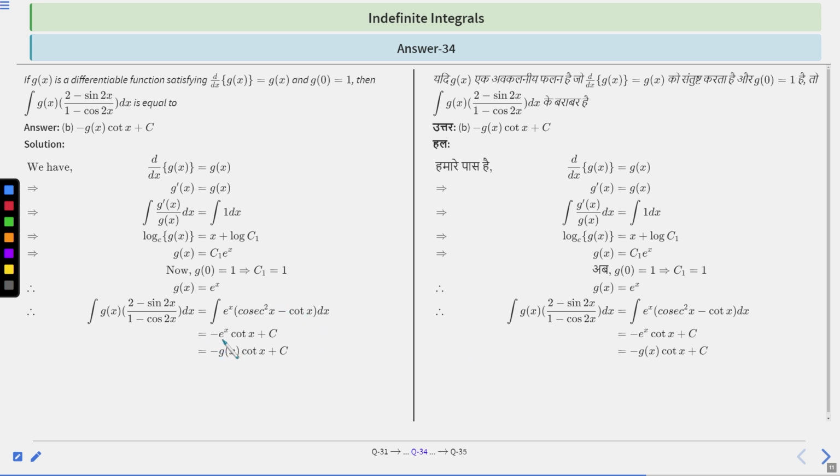So this will be e to the power x into f(x), and f(x) is minus cot x, right? So the final equation will be of the form minus e to the power x cot x plus c. And we know that e to the power x is g(x). Therefore, the final answer will be minus g(x) cot x plus c.